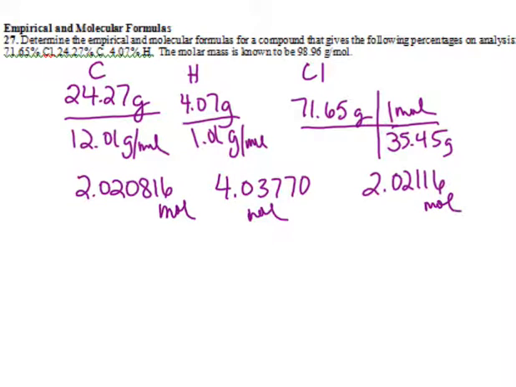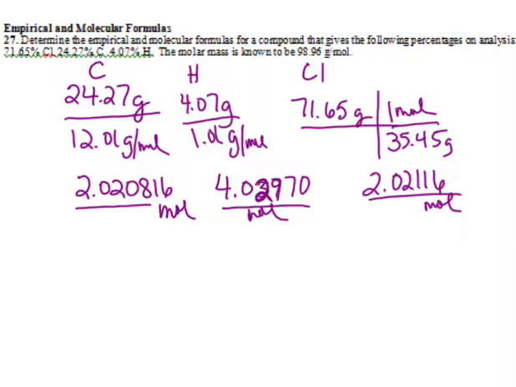All right, so now that we have all these different moles, to find the lowest mole ratio, what am I going to divide by? The smallest of all the moles in the land.